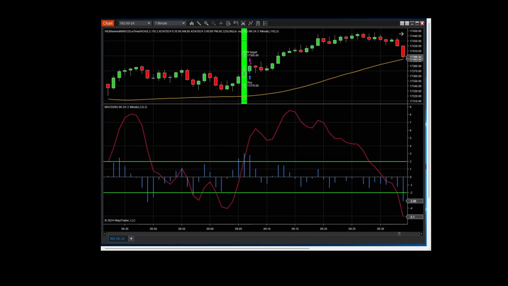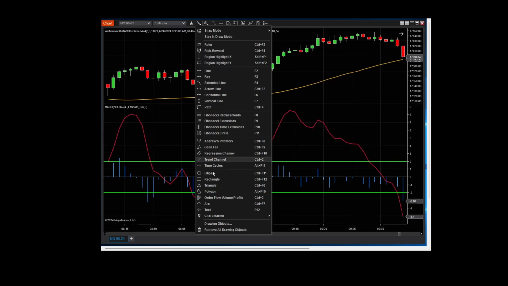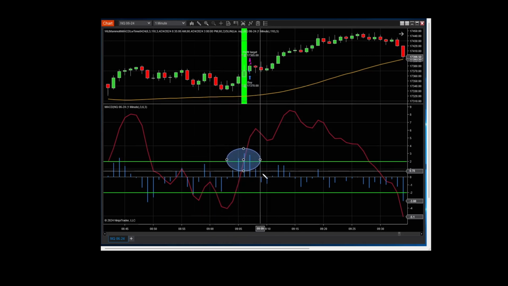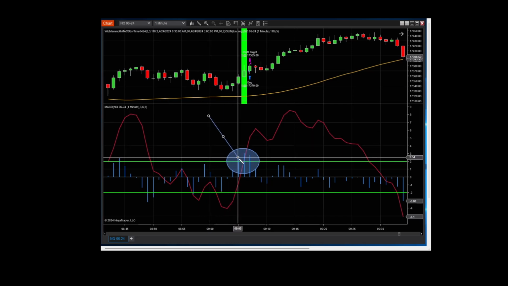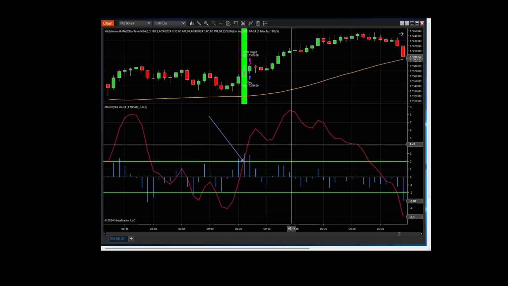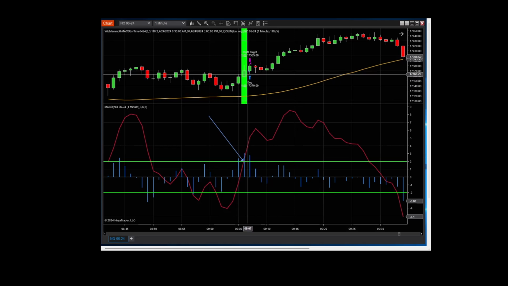So this condition is also met for the long trade. Right here, long, and then the entry will be the open of the bar after this signal bar, and you hit a target right there within a bar.